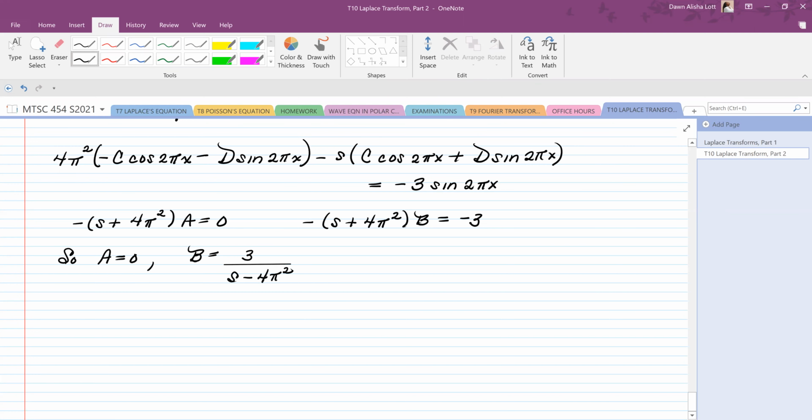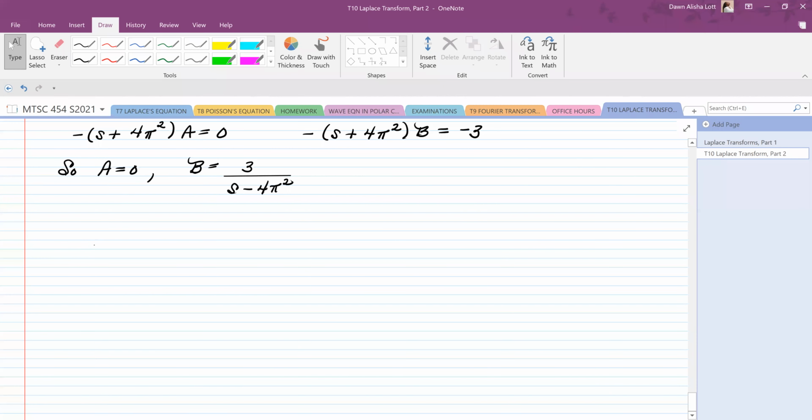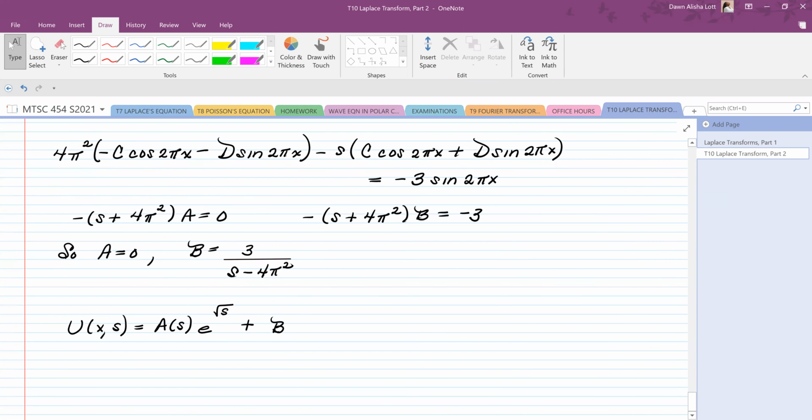Okay, so now we get u of x and s is a of s times e to the square root of s plus b of s. Oh, this is a d, I'm sorry. This is a d, not a b. And this is a c. Okay.